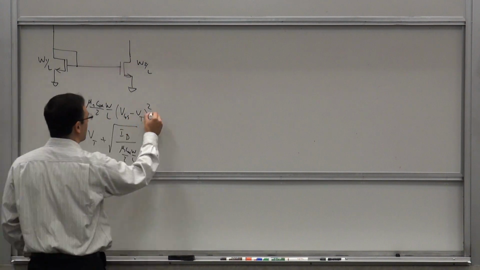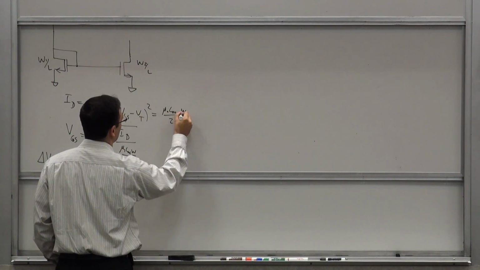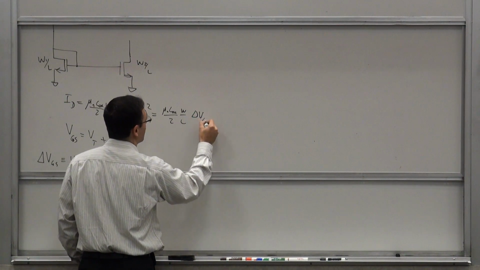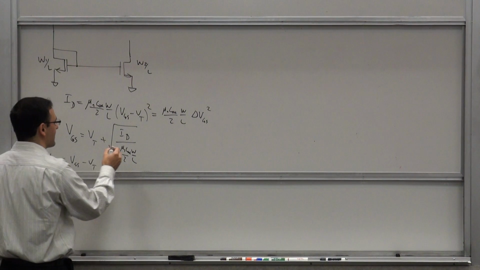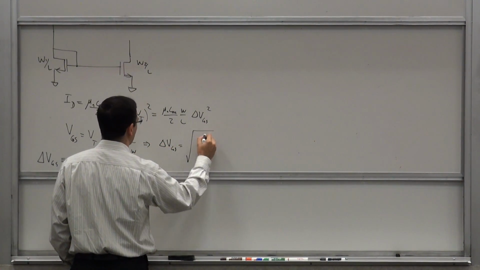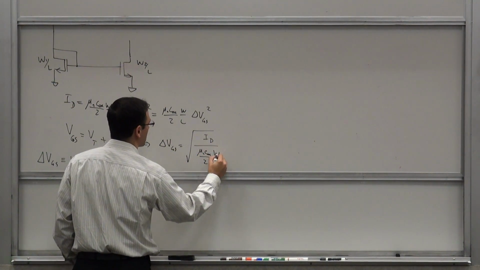So you can rewrite this in a more convenient form: mu n Cox over 2, W over L, of course this would be mu p if it's a PFET, times delta VGS, the gate overdrive, squared. And if you write it that way, then delta VGS is the square root of ID over mu n Cox over 2, W over L.